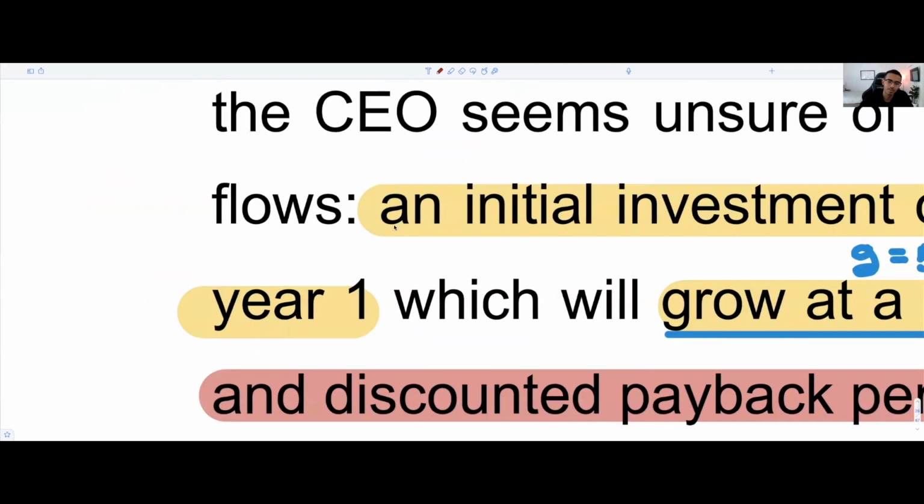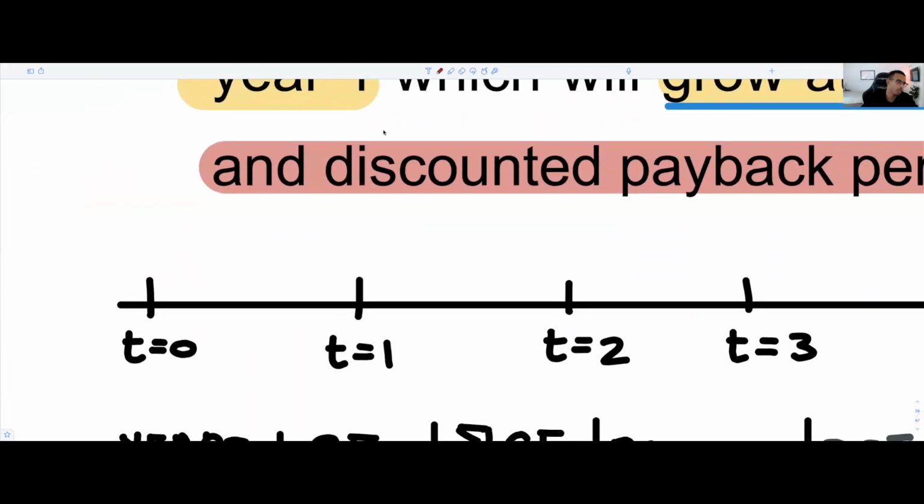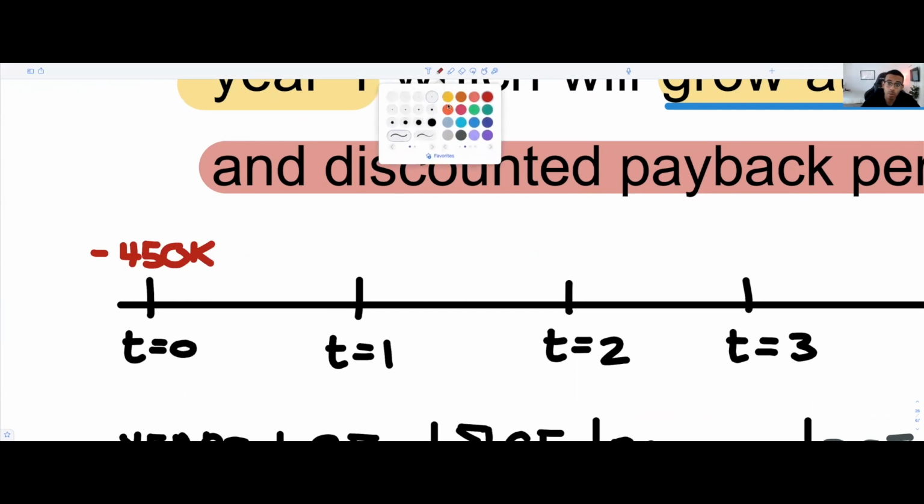So let's zoom in. Let's put T0. At this point, it's easy. We know that T0 is equal to 450K. We know that payment 1 is what we're going to plug in here, and that's equal to 75K. Thing is, though, now we've got to account for the growth rate.